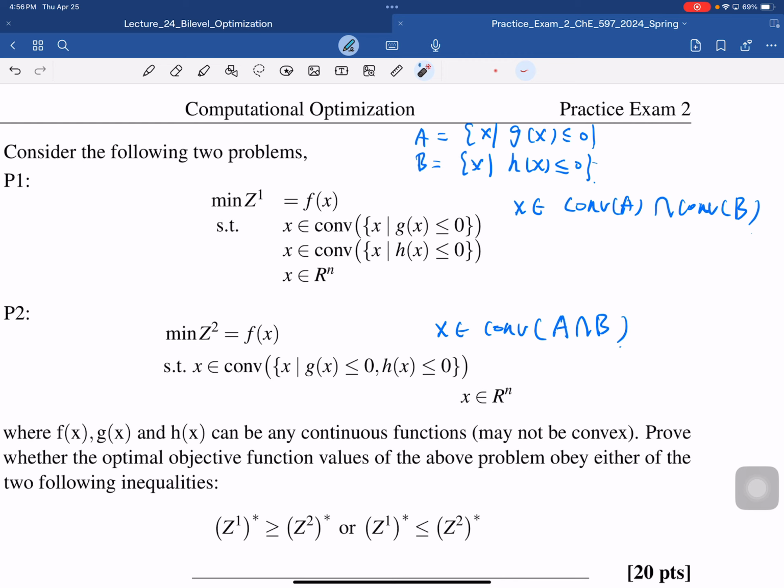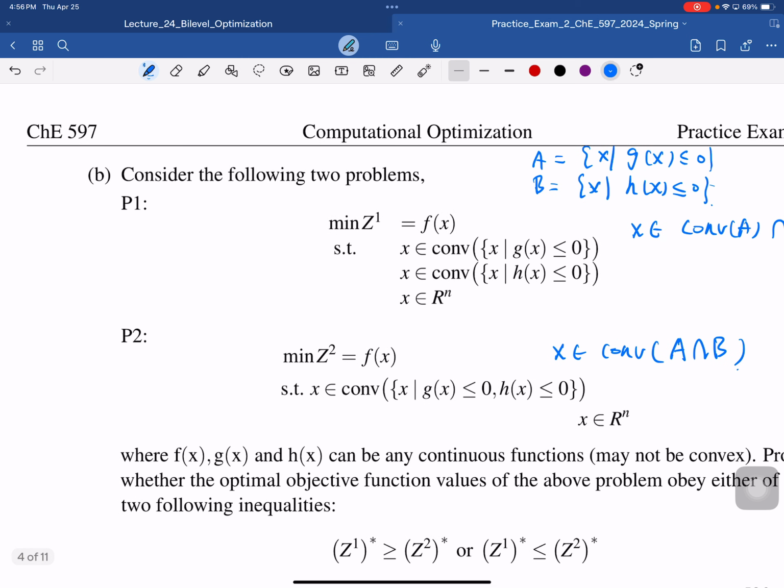Do people see the difference of these two problems? So geometrically, you probably remember this figure we drew. Let's try to draw this again. Okay, I didn't draw it very well. So let's say P1 and P2 are two non-convex sets. If you consider the convex hull of P1 intersect P2, what do we get?